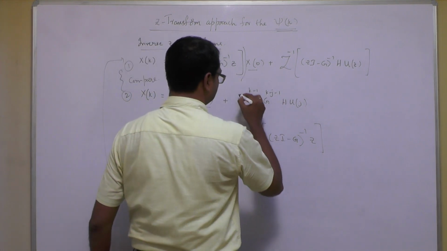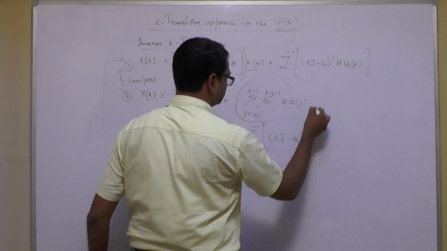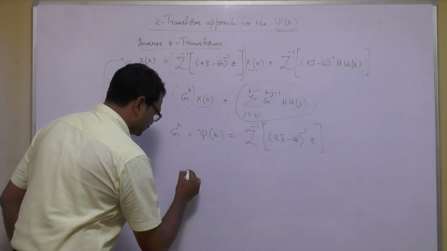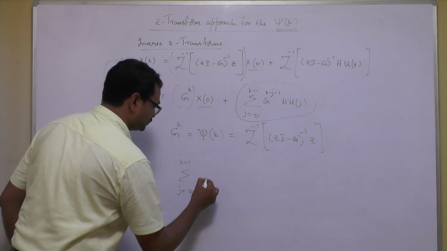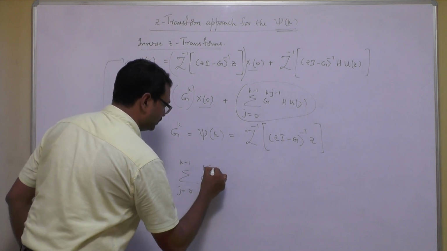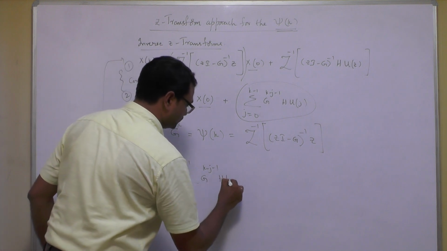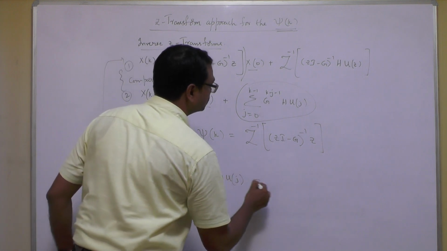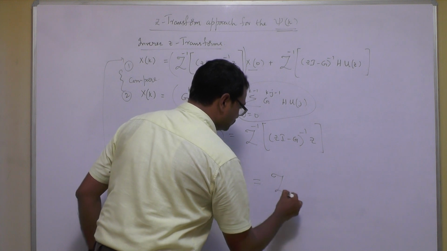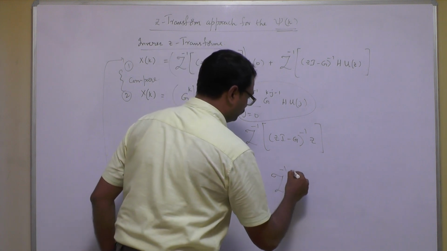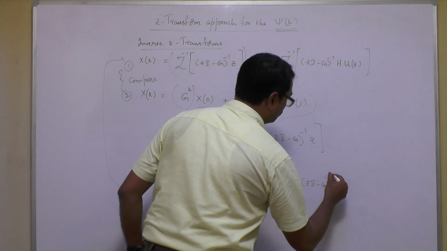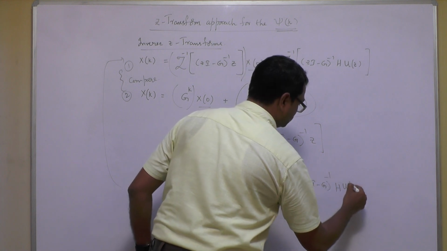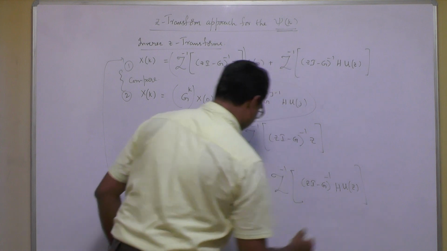And what is this other equation? That is sigma j equal to 0 to k minus 1 of G power k minus j minus 1 H u of j, which is equal to z inverse of (zI minus G) whole inverse H U of z.